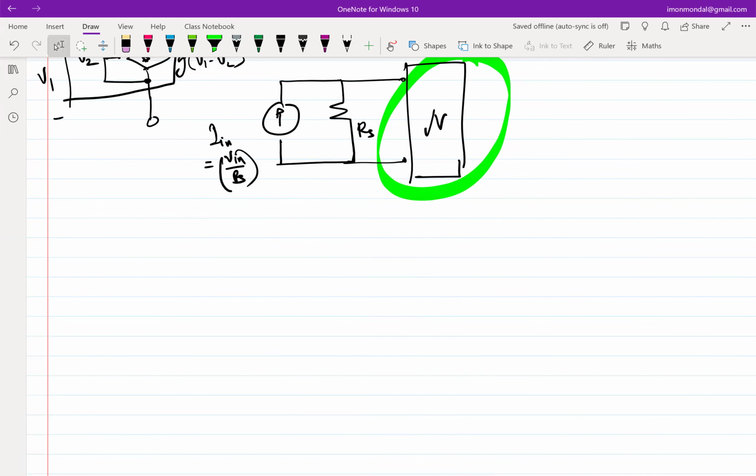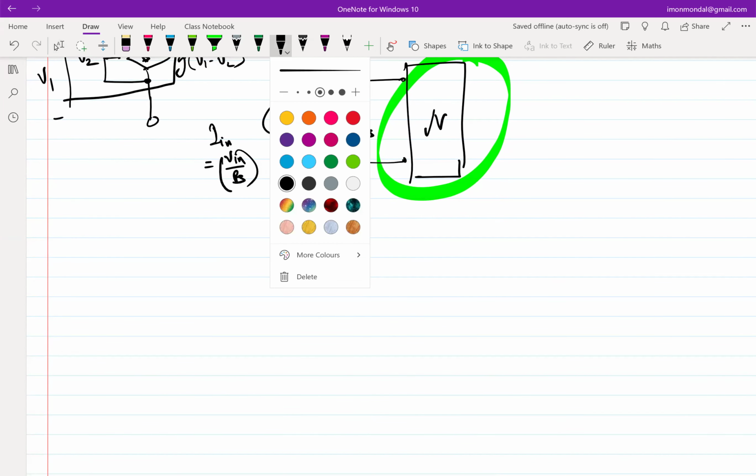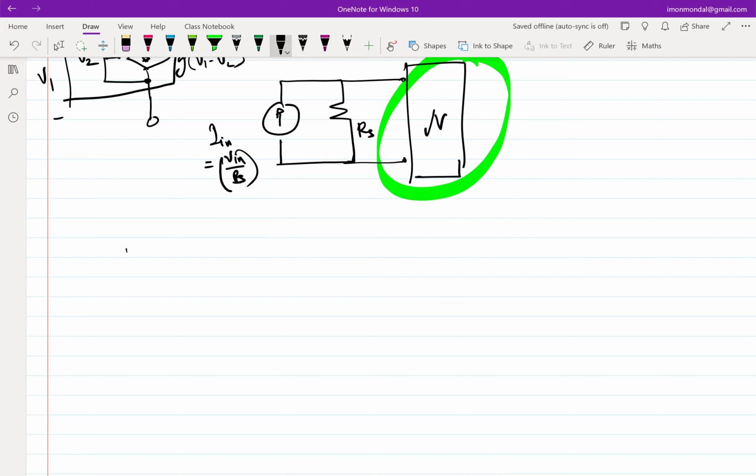Okay, so let's start off with a very basic nonlinear network. Let's say I have a voltage source V in, resistance R, and a diode.